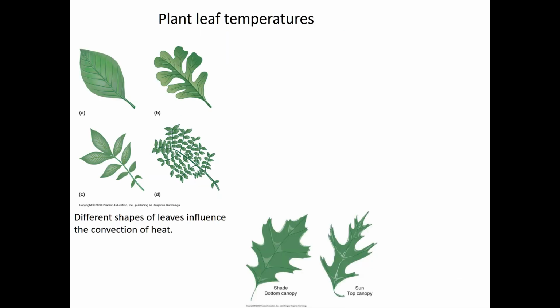One thing that can extend the thermal tolerance range of a plant is to have adaptations that allow the plant to cool off. So different shapes of leaves can have an influence on the convection loss of heat from the surface of the leaf.